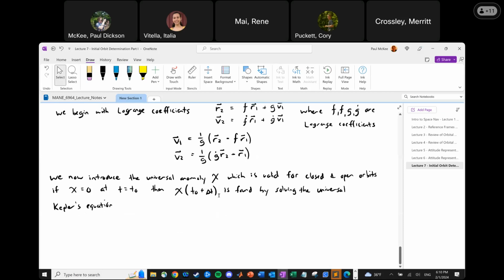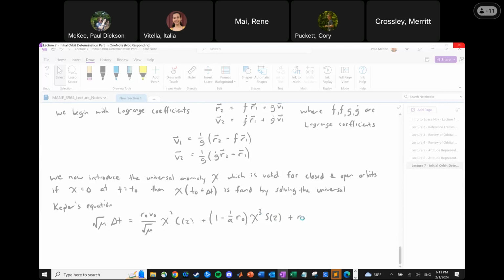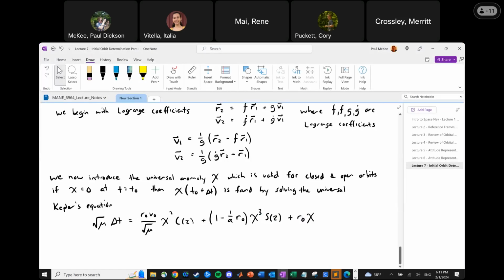It looks like this: square root of mu delta t is equal to r naught v naught over square root mu, chi squared c of z, plus 1 minus r naught over a, chi cubed s of z, plus r naught. I'm going to restart OneNote in a second here because it's getting kind of squirrely.